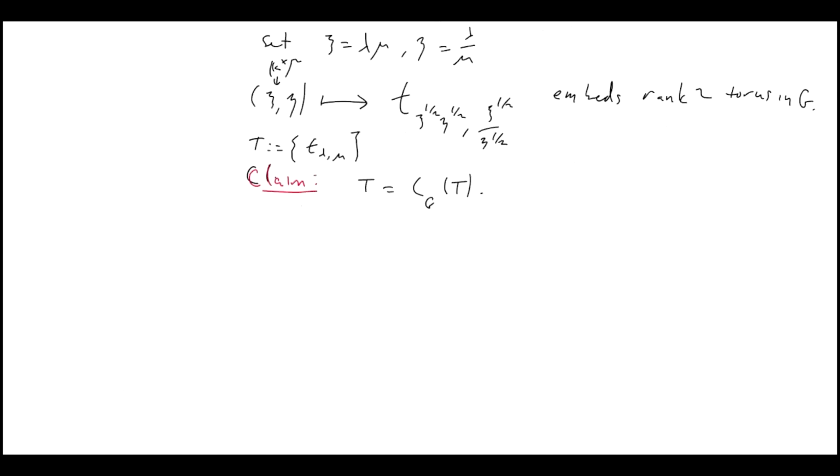Okay, so let's suppose that we have phi in the centralizer of T, and then phi preserves the weight spaces of T. Okay, what are the weight spaces of T?